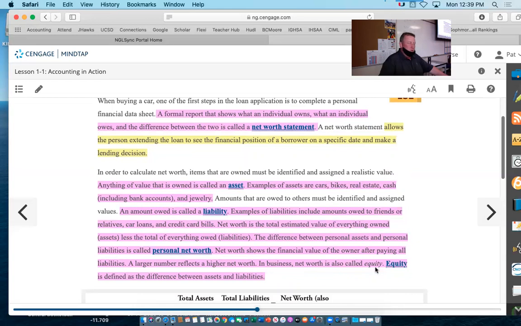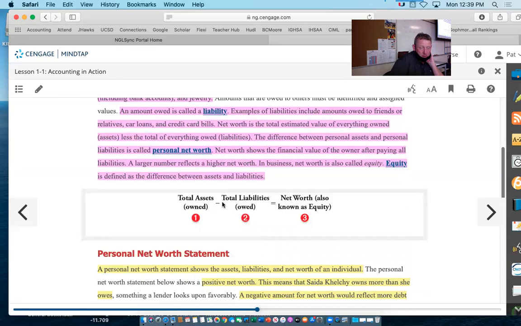In business, net worth is also called equity. Equity is the difference between assets minus liabilities. They'll always word it as when you take liabilities away from assets. Total assets, if I have $10, I owe $2 to somebody, I now have $8. That's your money, right? Basic terms.